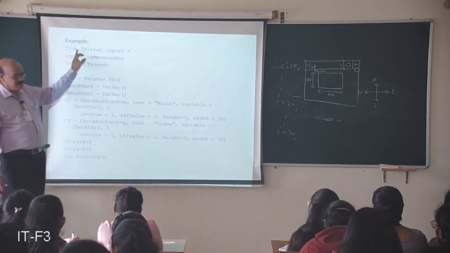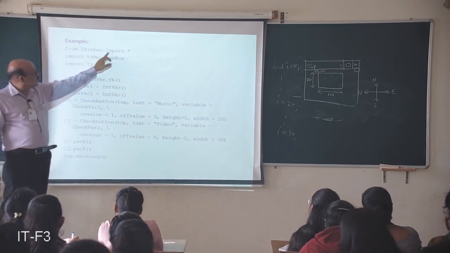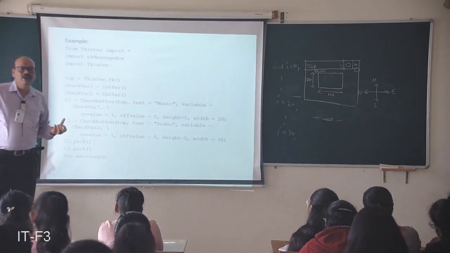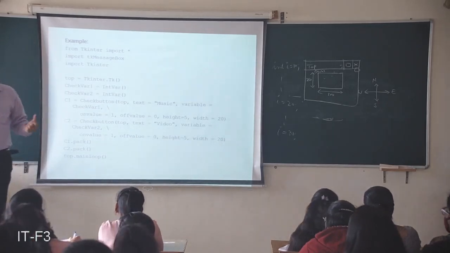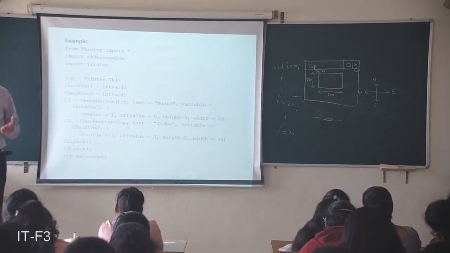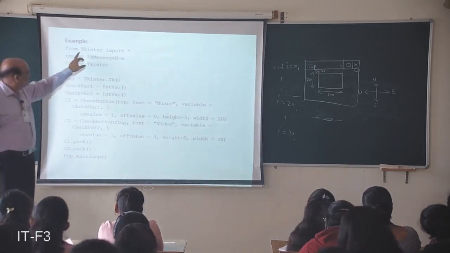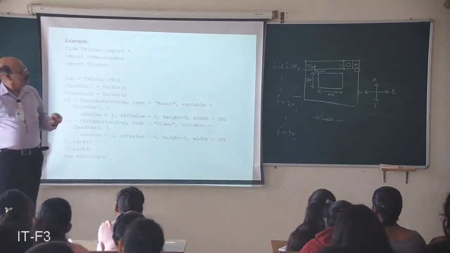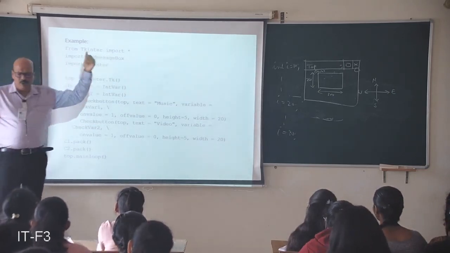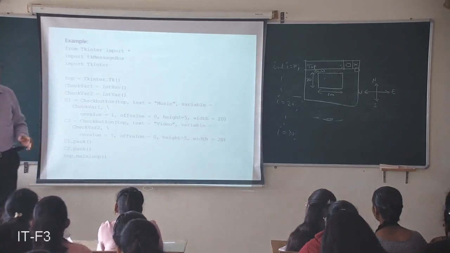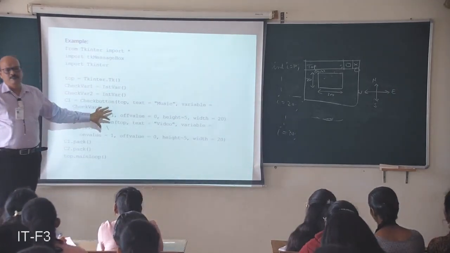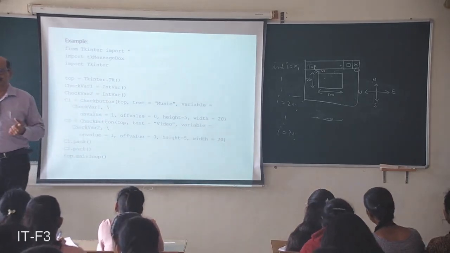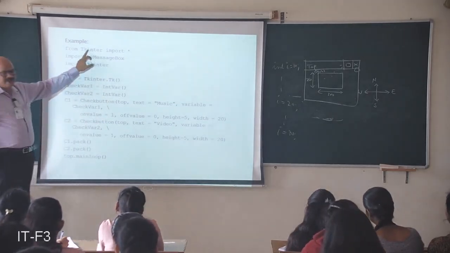If you see here, from tkinter import star. If you write that statement, then you need not qualify the classes available in a package with the package name. If you write import tkinter, then you have to write tkinter.CheckButton. But if you write from tkinter import star, all the classes will be imported into your current program, so you need not qualify the class with the package name. So you should be careful about the syntax.